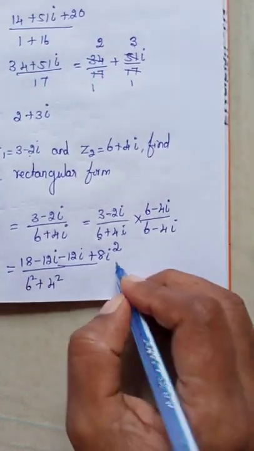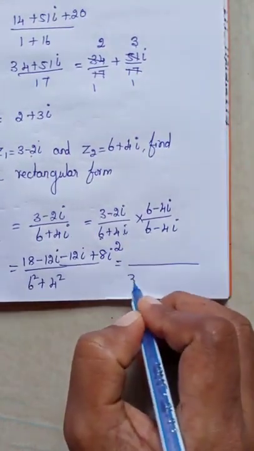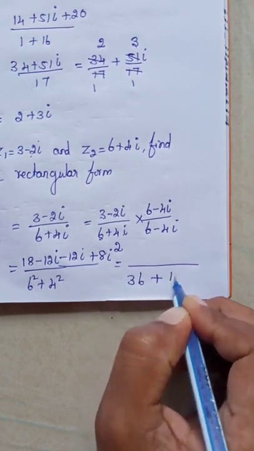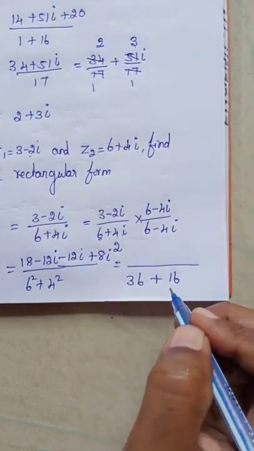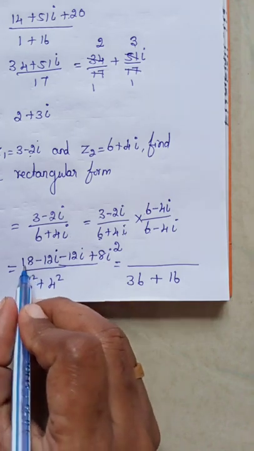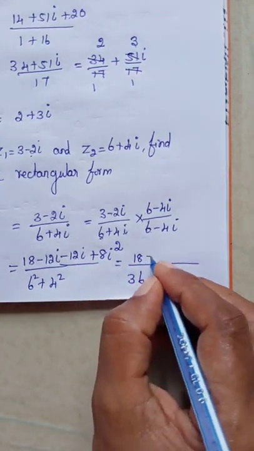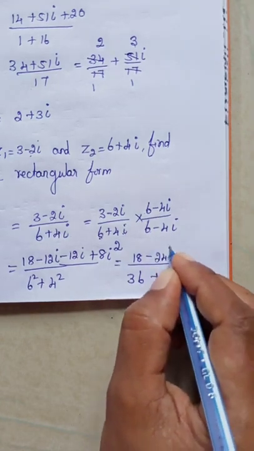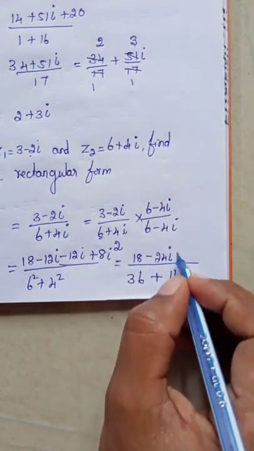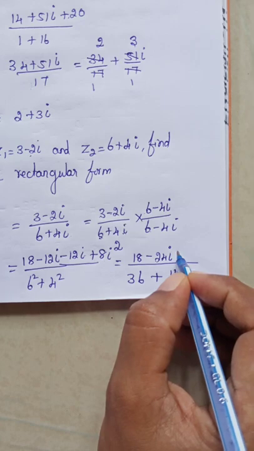So, one more step if we write, that is 6 square, 36, plus 4 square, 16. Now, this is 18 minus 12i, that is minus 24i. This is plus 8 i square.